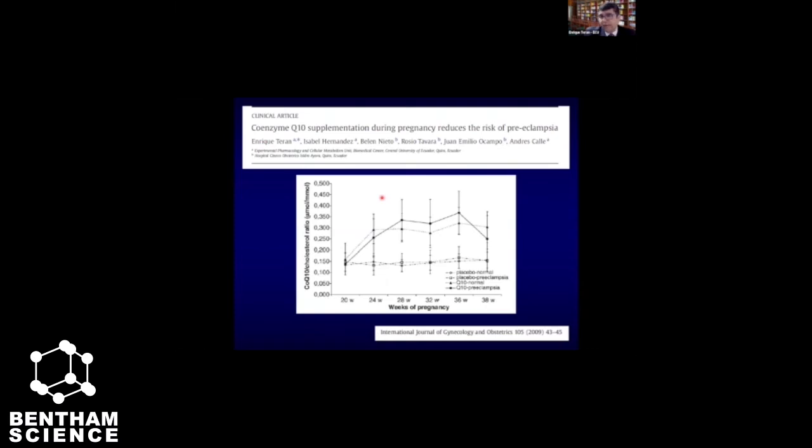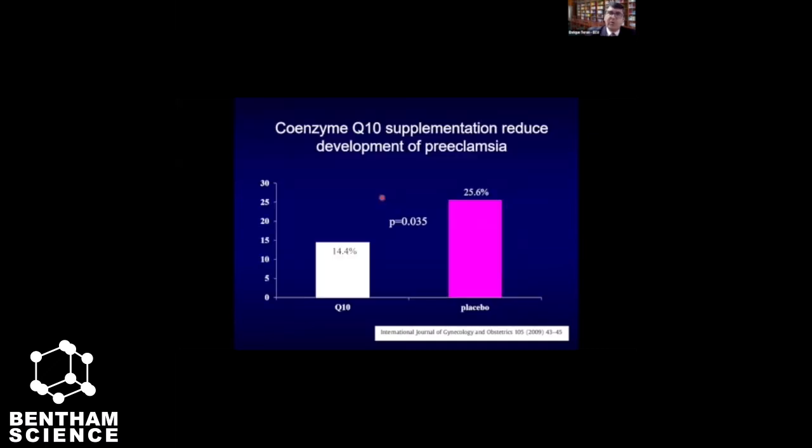As you can see, and it is obvious, those women receiving Q10 showed higher plasma levels of Q10 compared to those receiving placebo. But the interesting thing is what happened with the outcome. So this is another amazing result.